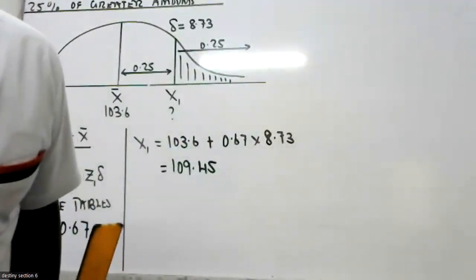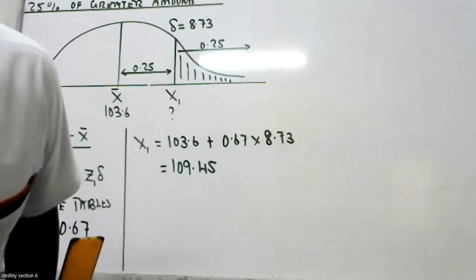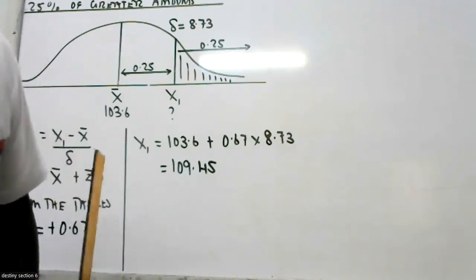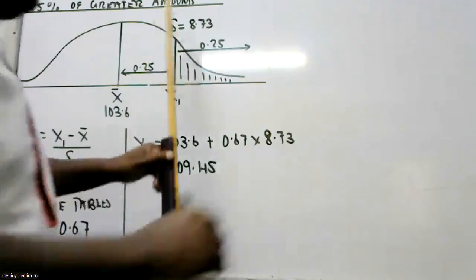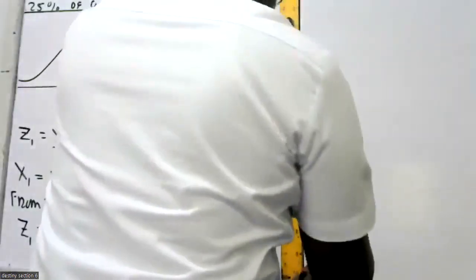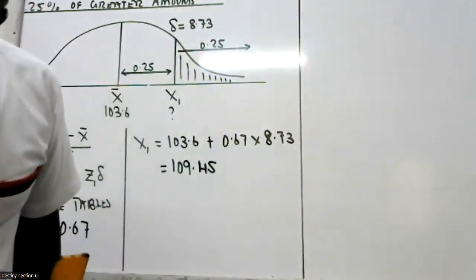The next one is: what amounts of invoices, symmetrical about the mean, will 95% of all the invoices be found or lie? Now, when you see the word symmetrical, it means divisible. And when you see the word about, it means around.